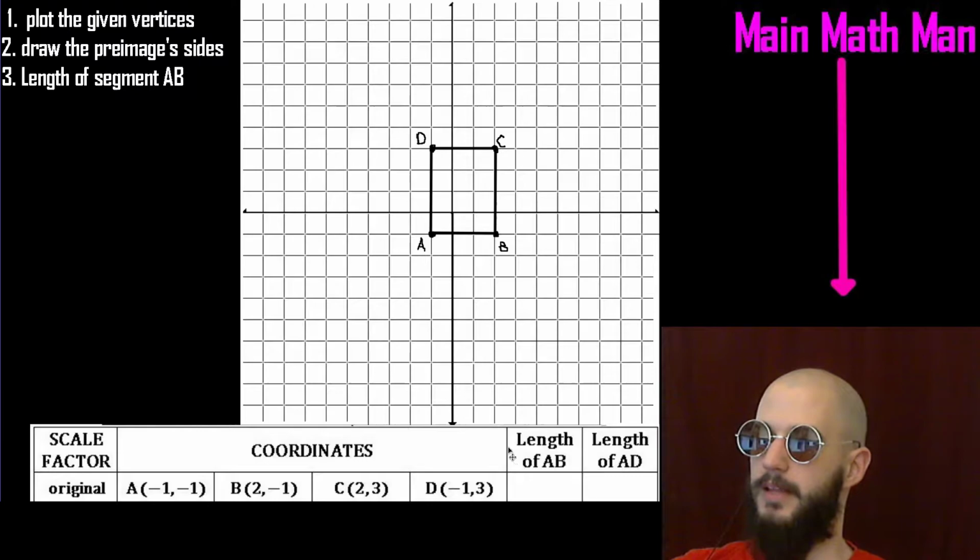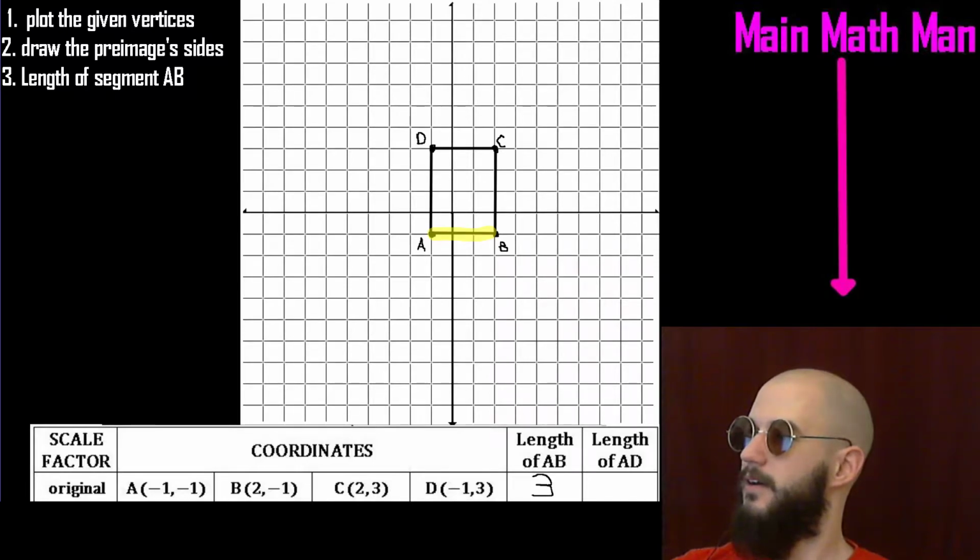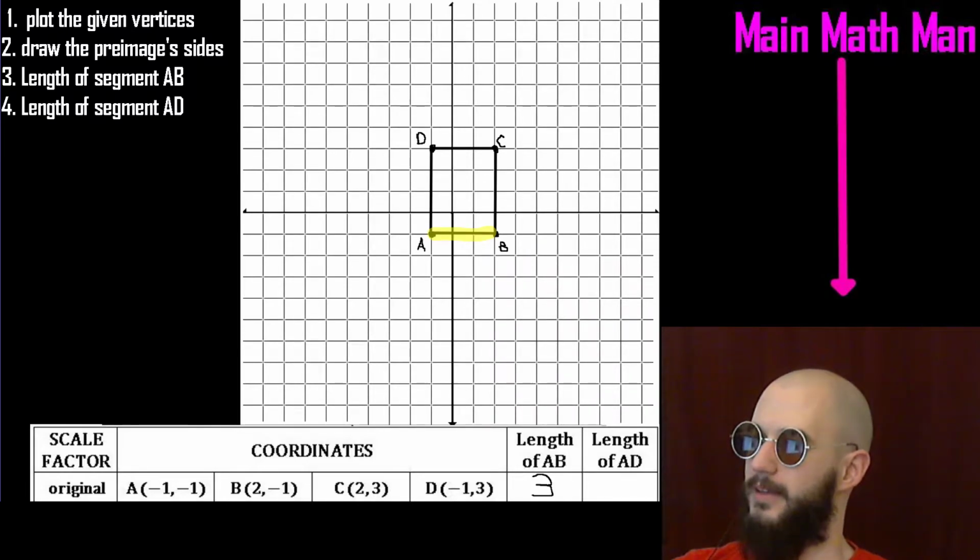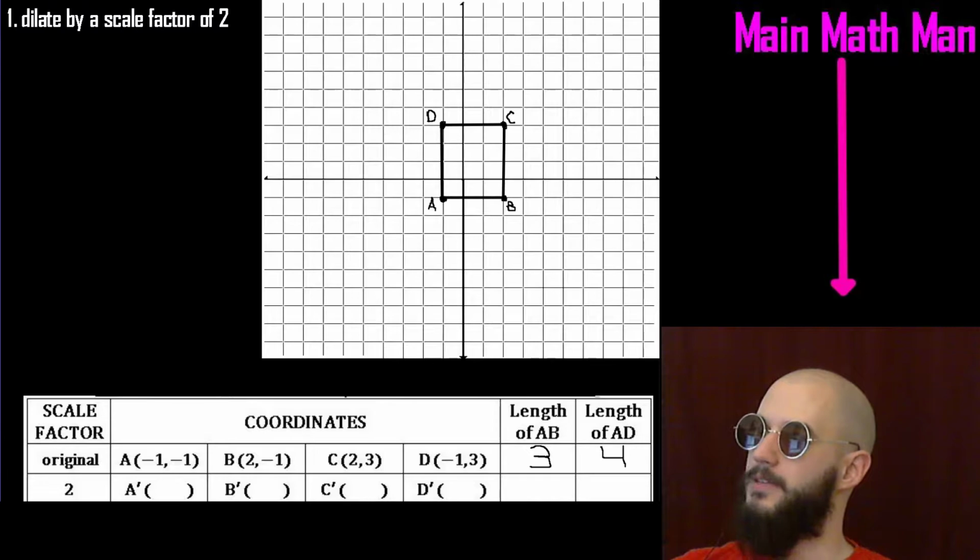So let's see, we have a length of AB. So very easily we have those side lengths of 3 and a side length of AD is going to be 4.